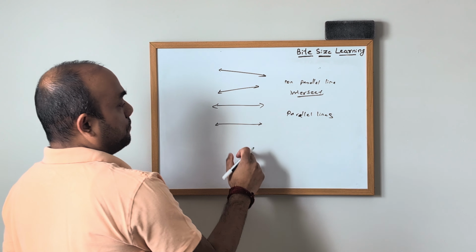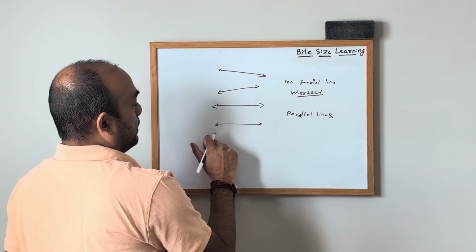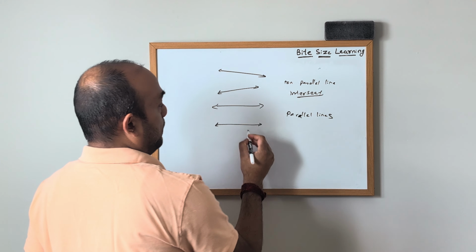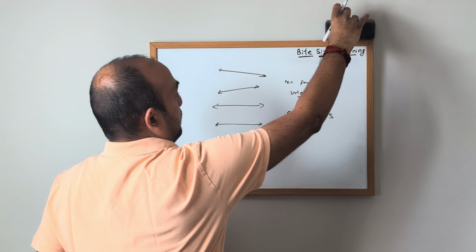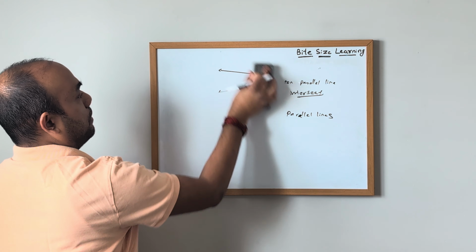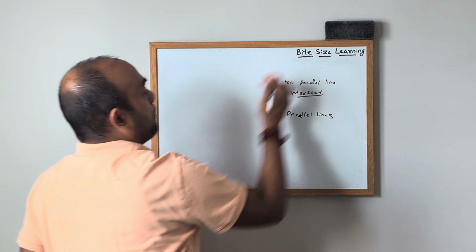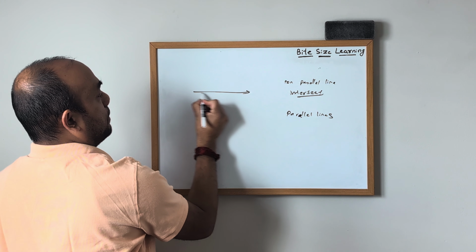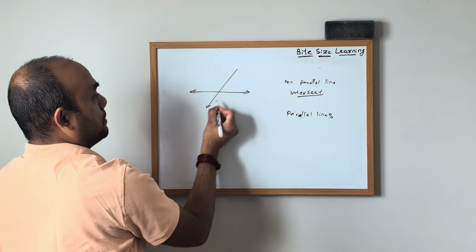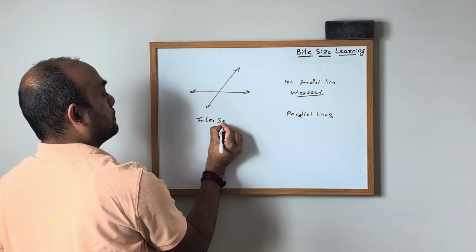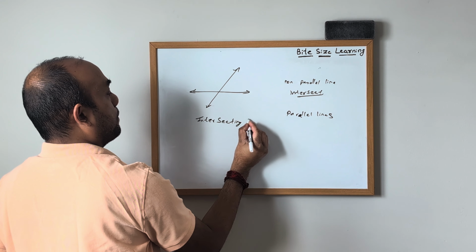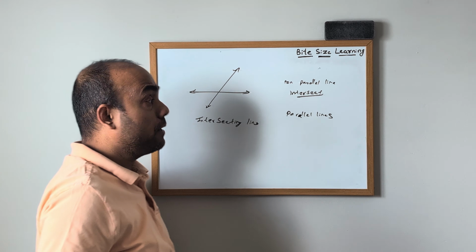So if the lines intersect at any angle, let's say you have a line like this, another line like this, these are called intersecting lines, right?